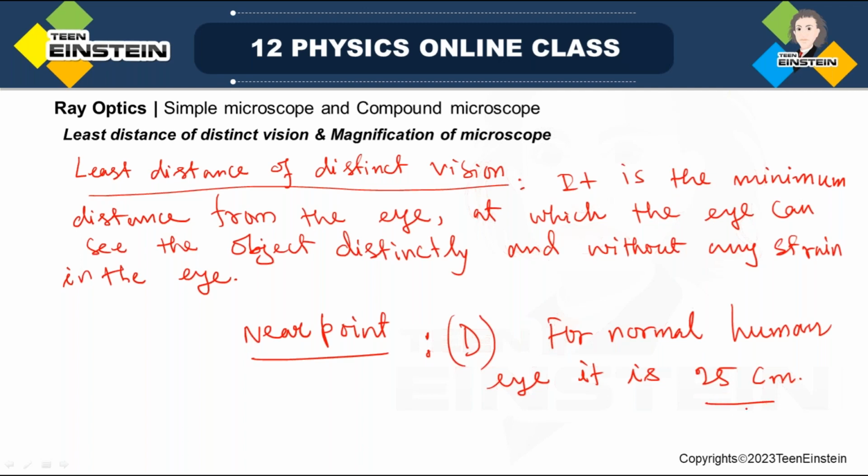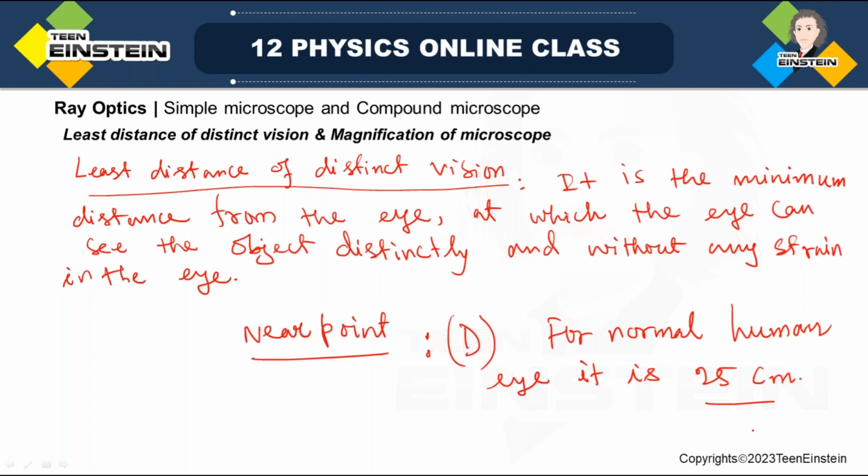And when a person grows old, then this becomes different actually. Okay, because the power of accommodation of the eye becomes lesser or decreases, and in that case, this distance may go 40 centimeter or something.